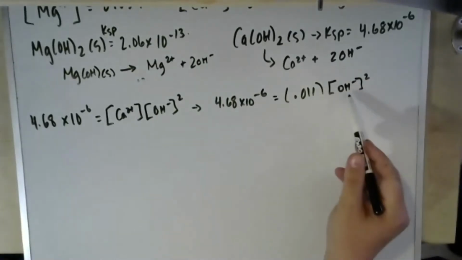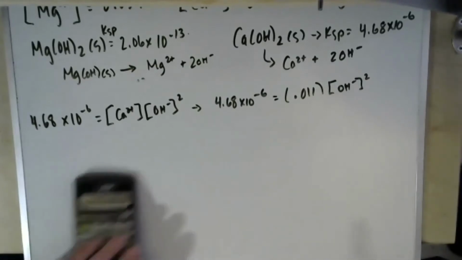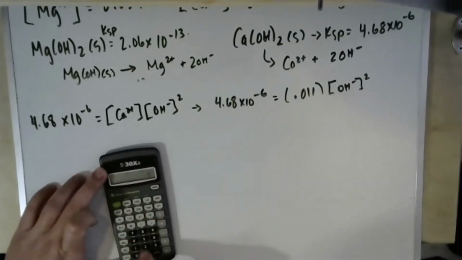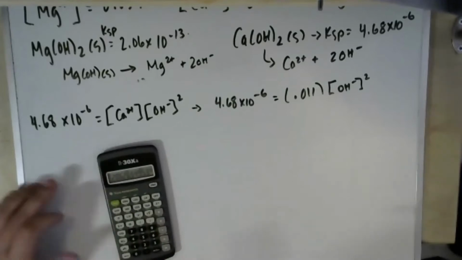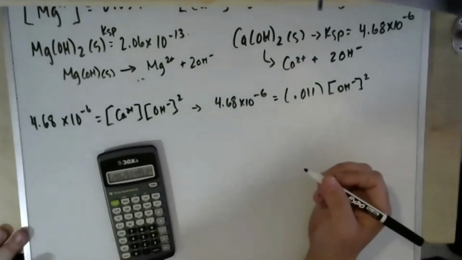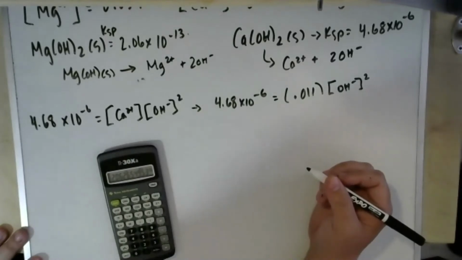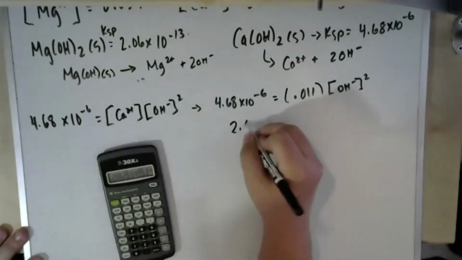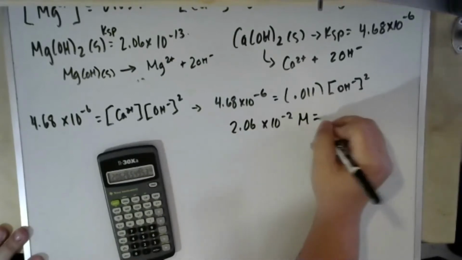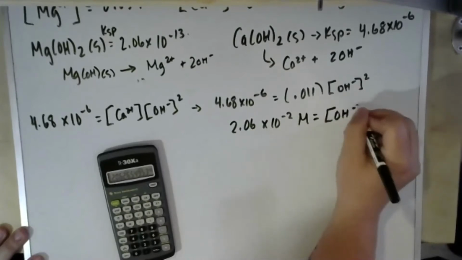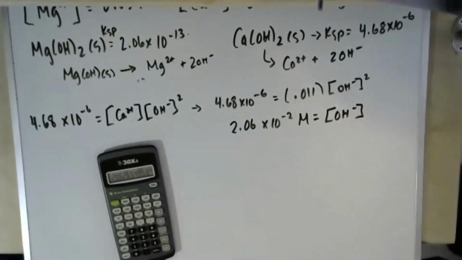Now we're going to solve for our hydroxide ion concentration. And we get 2.06 times 10 to the negative 2. And this is the concentration that our hydroxide ion would need to be before our calcium hydroxide could precipitate.